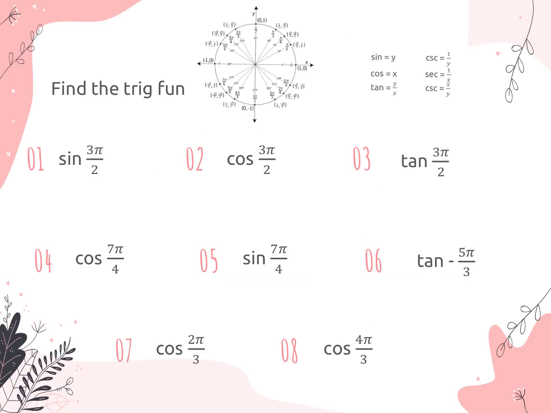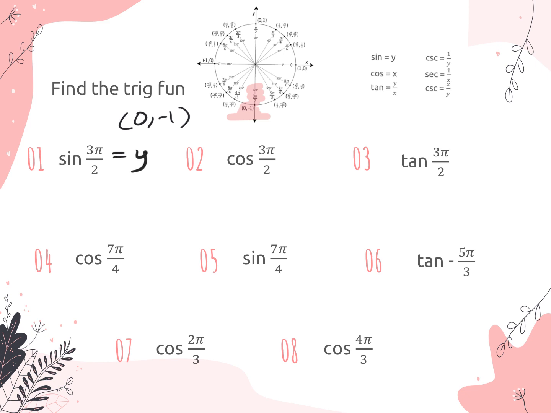So for this one, again, I put a picture of a unit circle at the top of my page. So sine of 3 pi over 2, we just did this one. Remember, this is down at the bottom, the positive 270. So the ordered pair for 3 pi over 2, which I'm going to use for all 1, 2, and 3 here, 3 pi over 2 is right here. And it's the ordered pair 0, comma negative 1.